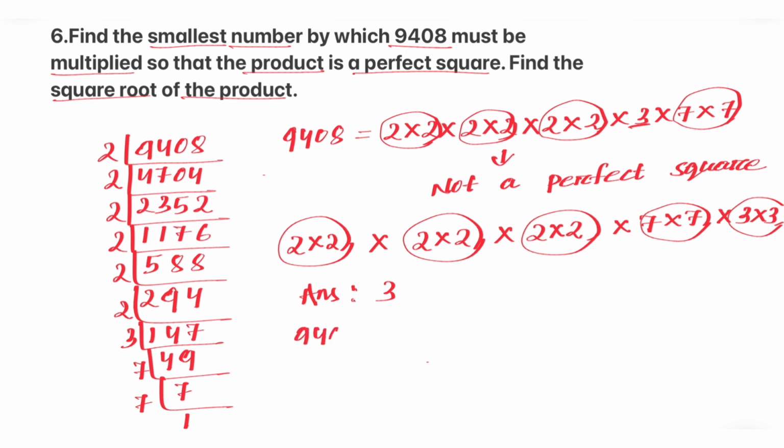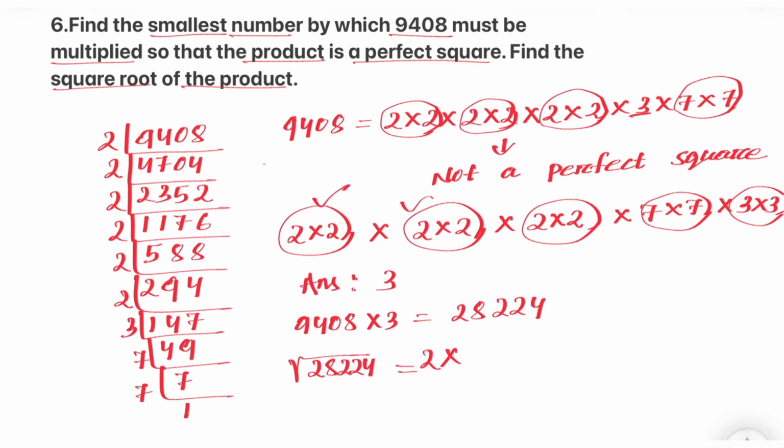And if we multiply, we'll get 28,224, and this is the product. And we have to find out its square root. Its square root is, from each pair we will take one of the prime factor. So it is 2 into 2 into 2 into 7 into 3, which is equals to 168.